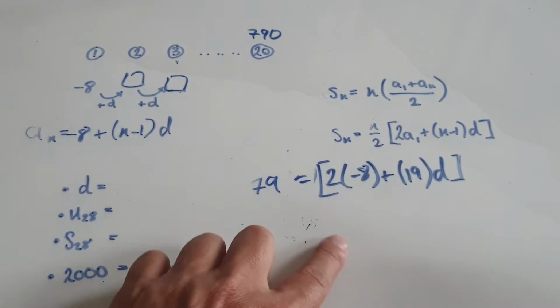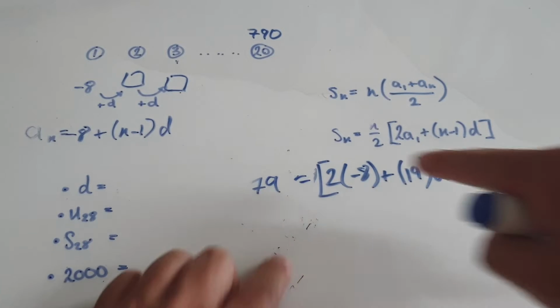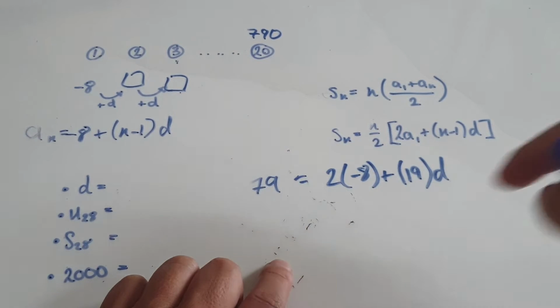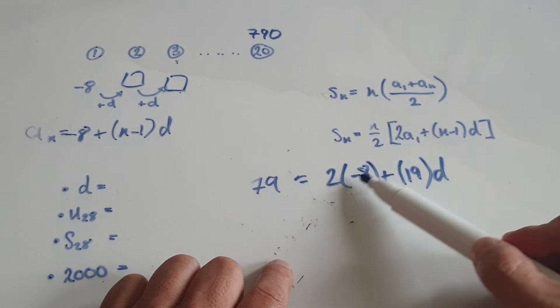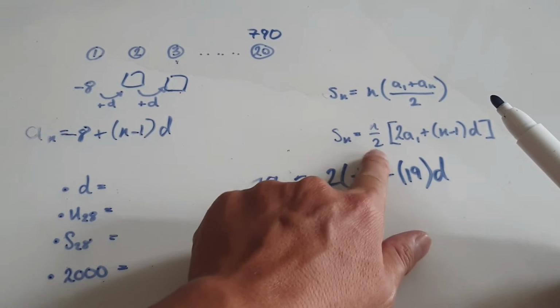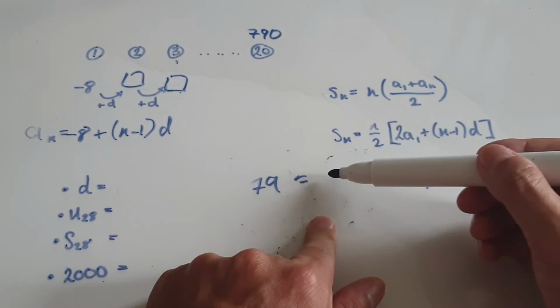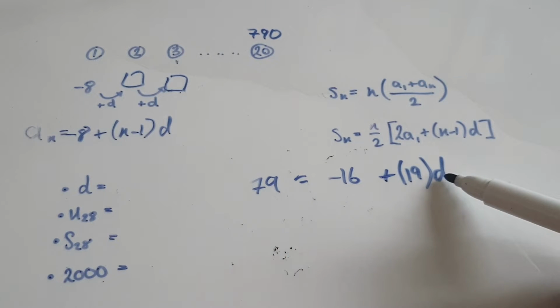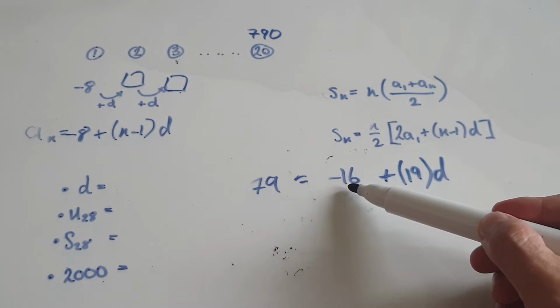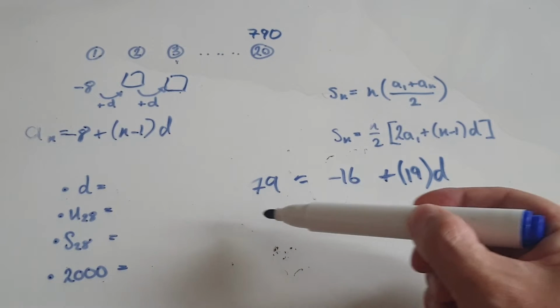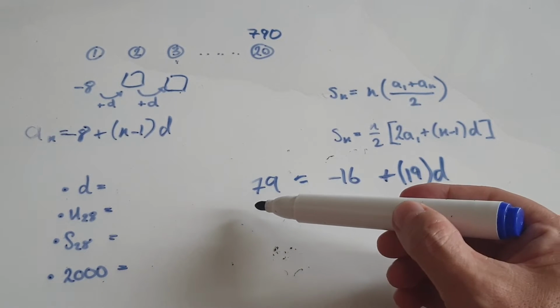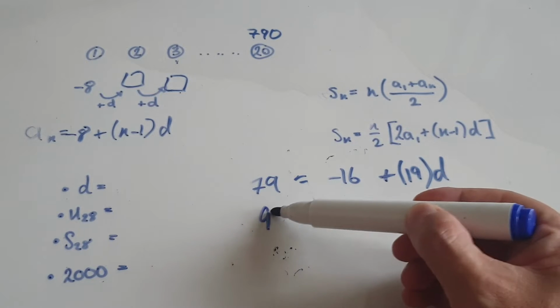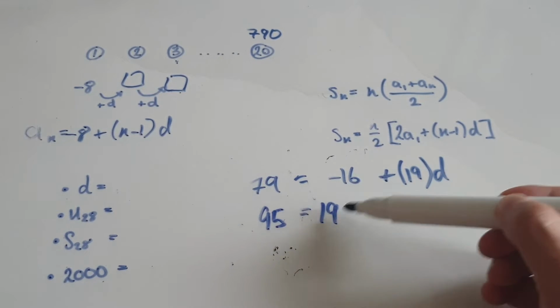79, and then we don't need the square brackets, so this thing here is -16, plus 19d. You want to get d on its own. Add 16 to both sides, that will be 95 equals 19d.